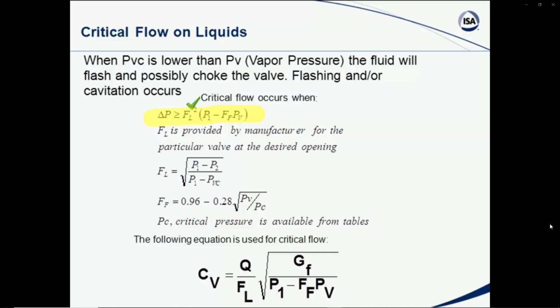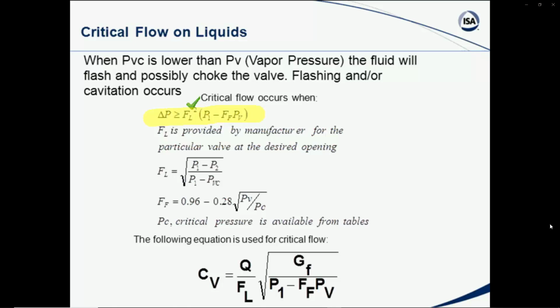For a ball valve, that average is about 0.6. That value is provided by the manufacturer for any particular valve at a desired opening, and that is the pressure recovery coefficient.